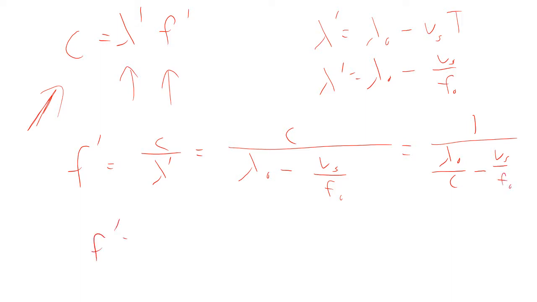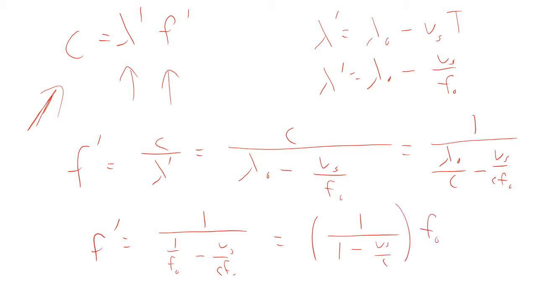And so f prime is going to be equal to 1 divided by, well, lambda naught over c is 1 over f naught, so 1 divided by 1 minus v_s over c, times f naught. Sorry, there's a c down there because we divided top and bottom by c.